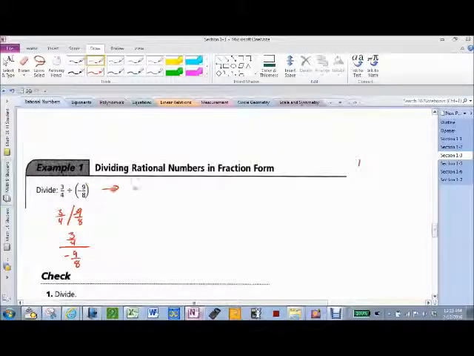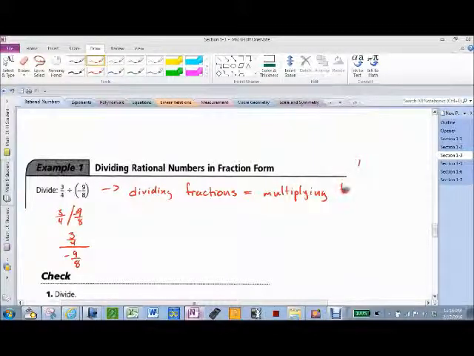Whenever you see dividing fractions, it equals multiplying by the, now I'm going to put a $5 math word here, reciprocal. I'm going to highlight it because that's a word you should know.